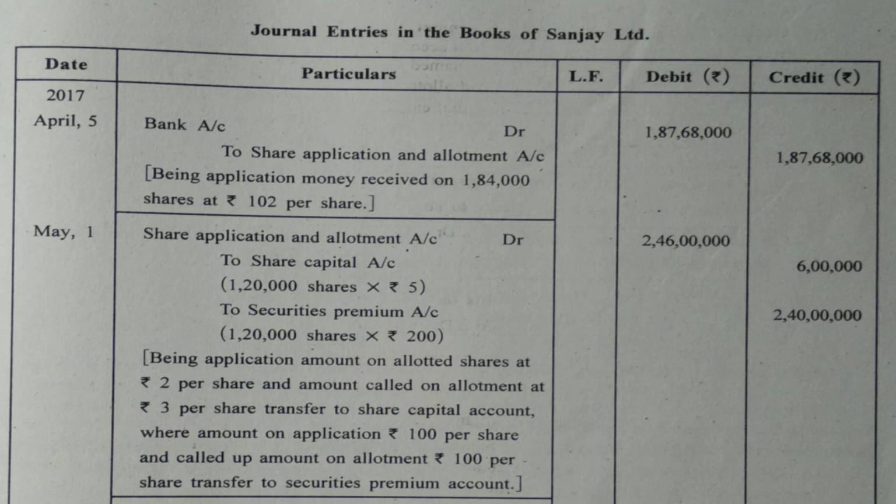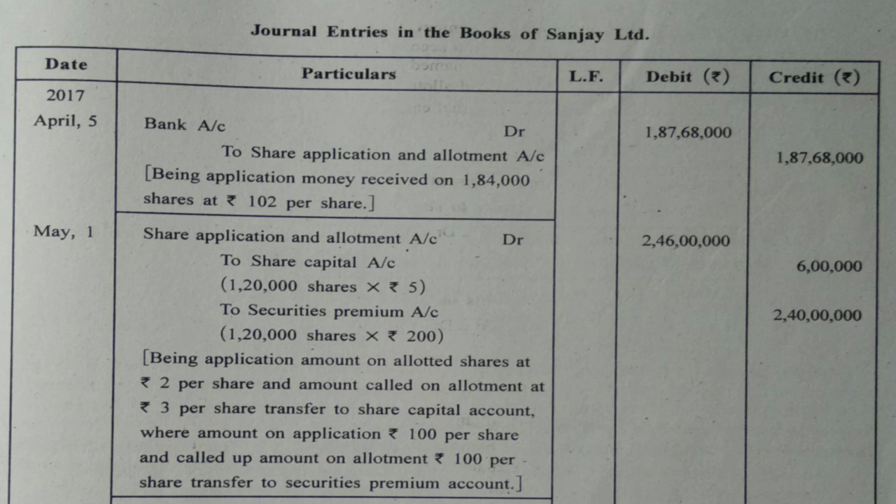Now, the second step is to transfer application money to share capital, with the amount of premium credited separately. So here is the journal entry: Share application and allotment account debit to share capital account 1,20,000 into 5. 1,20,000 shares have been issued, and hence only 1,20,000 shares are considered here. Why 5 rupees?